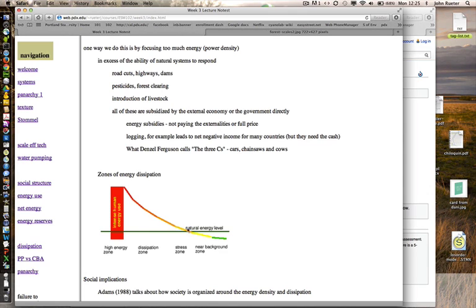Then you get out into a stress zone. Well, there might be a few little plants or something that lives there. And then you finally get to this natural energy level, where the impact of that particular energy use has dissipated out below the natural energy level that controls the sort of fabric and texture of the environment.